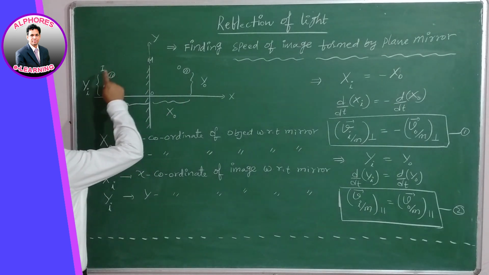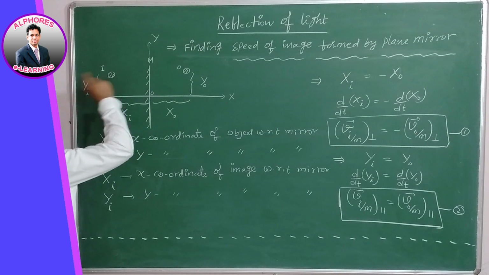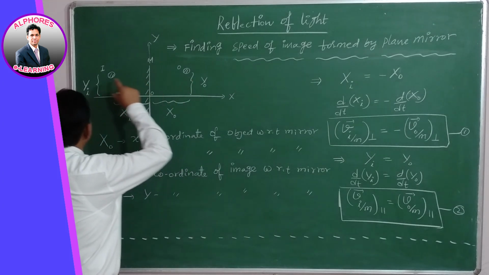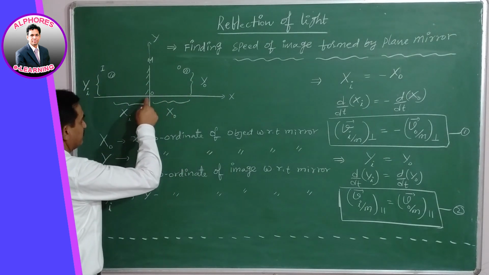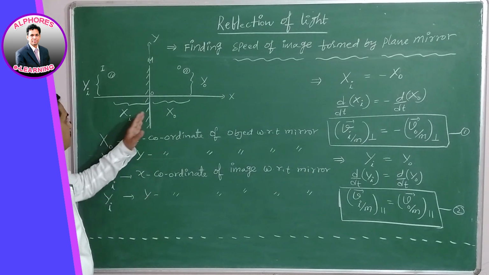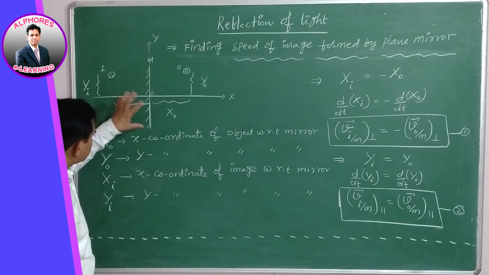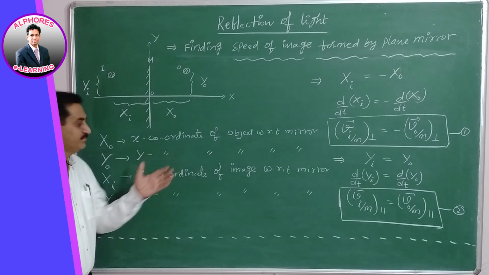and its corresponding image will be formed on the other side. Let the height of the image be yi. This is y0, this is yi. This is x0, the distance of the object from the plane mirror, and the distance of the image from the plane mirror. So we are taking this data in terms of coordinates.